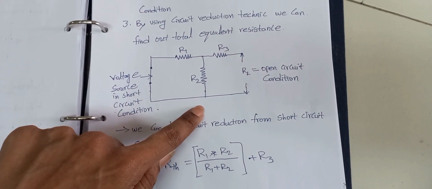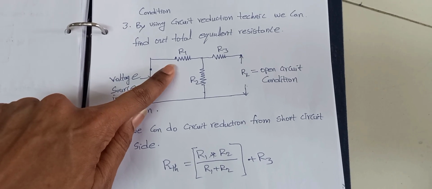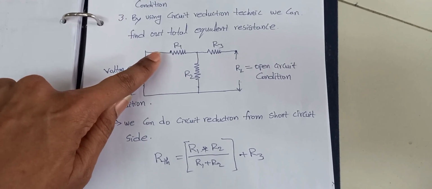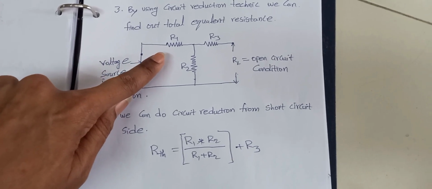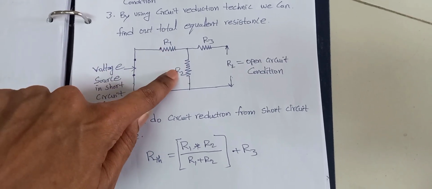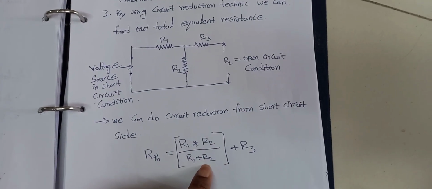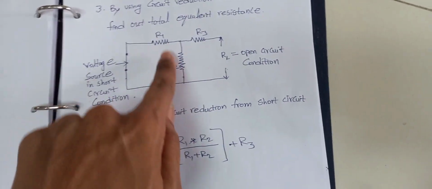Already we know how to handle series and parallel resistance. If you don't know that, I will make a video on that also, no problem. So remember R1 and R2 are parallel, that's why I have taken R1 into R2 by R1 plus R2, and this R3 is in series with these two parallel resistances.